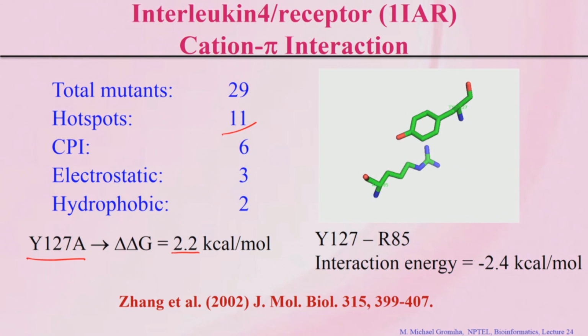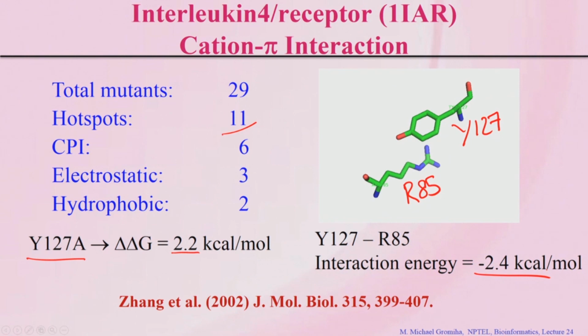So if you want to see whether this tyrosine is really important for the binding affinity, then it should make good types of interactions with the binding partner. So if you see here, this is tyrosine 127. If you look into the binding partners, for example in the interleukin 4 and receptor complex, this arginine 85 has an energy of 2.4 kilocalorie per mole.